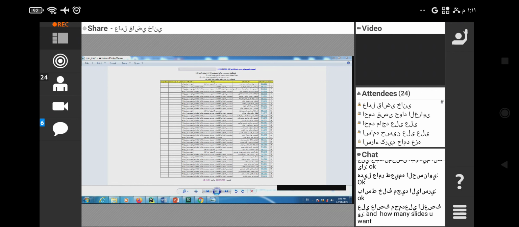How many slides? It's not important. Just five, if you have 5 minutes. It's usually 1 minute for each slide, but sometimes you can have more or fewer slides.